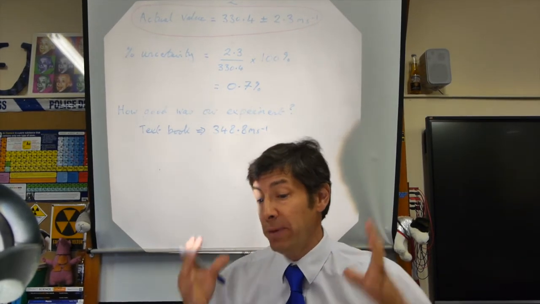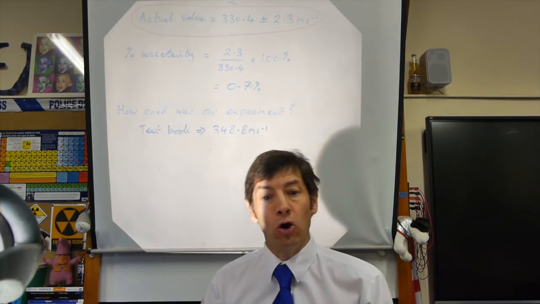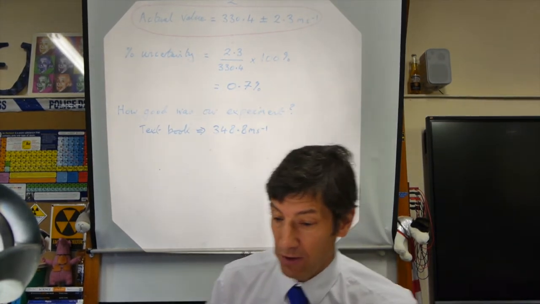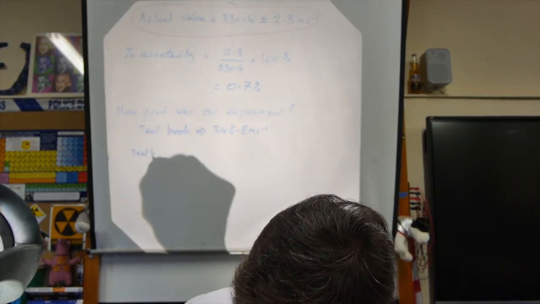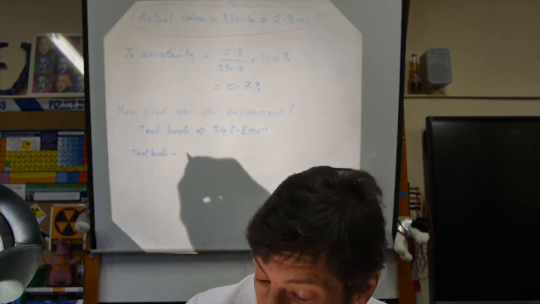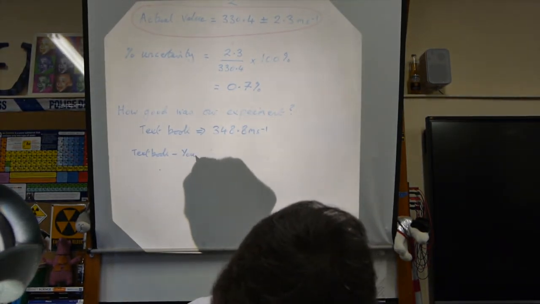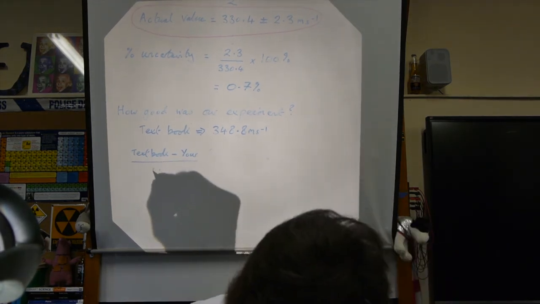What we're going to do now is compare the textbook value to the one that we got with our experiment. The way you do this is you take the textbook value and you take it away from your value, and you divide that by the textbook value.